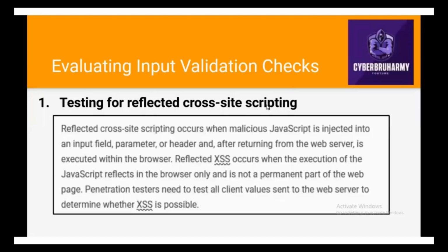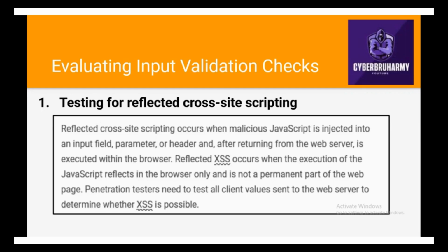Testing for reflected cross-site scripting. Reflected cross-site scripting occurs when malicious JavaScript is injected into an input field, parameter, or header, and returned from the web server, so it is executed within the browser. So reflected cross-site scripting occurs when the JavaScript execution is reflected in the browser only.